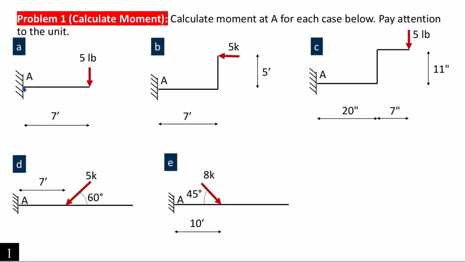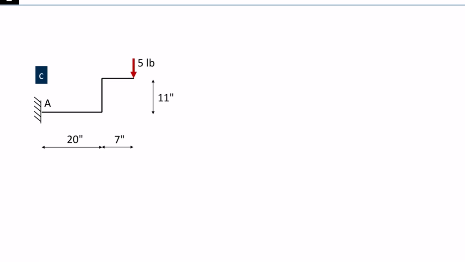Now let's check question C over here. Maybe let's move it here for easy viewing. The force is very easy to recognize, the force is 5 pounds. Now we need to check the perpendicular distance.